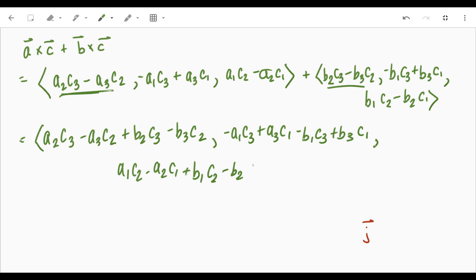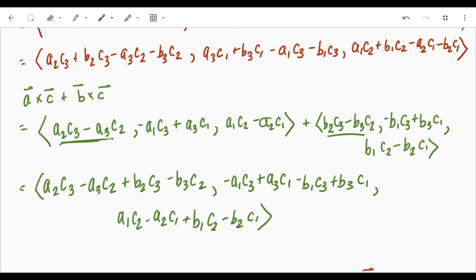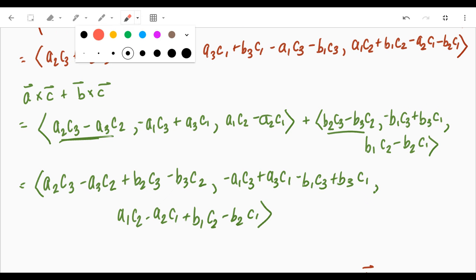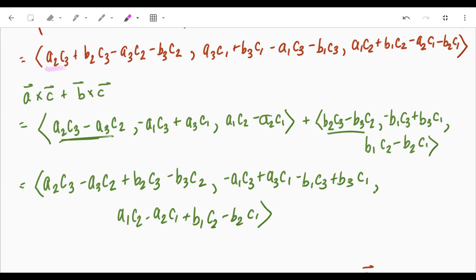B1C2 minus B2C1. Now, if I did that right, it should be the same as what I have up there in the red. Let's double check and note that they worked out to be the same. We got A2C3 minus A3C2 plus B2C3 minus B3C2. Those are the same.